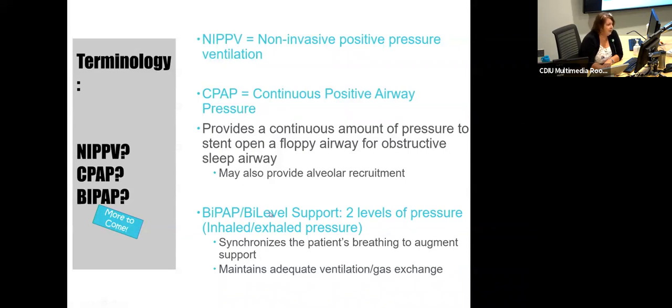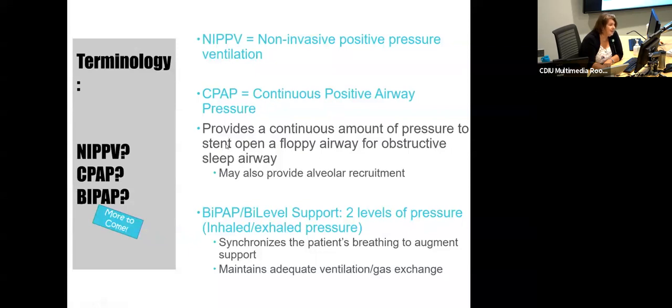Ideally, your inspiratory pressure will synchronize with your patient, and ideally it should add to and increase the tidal volume of each and every breath that the patient takes. We would use this CPAP, this is why it's used in obstructive sleep apnea, to stent open that floppy airway.